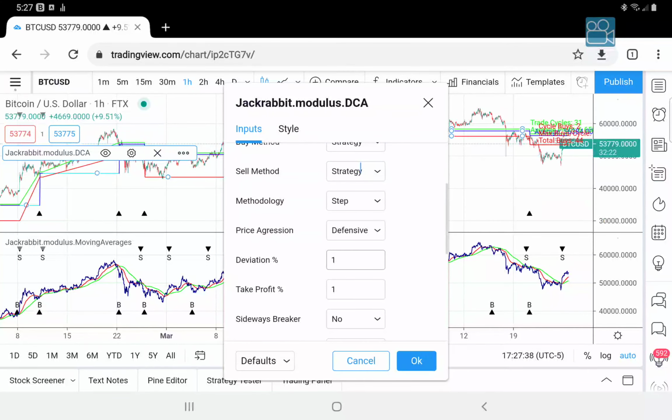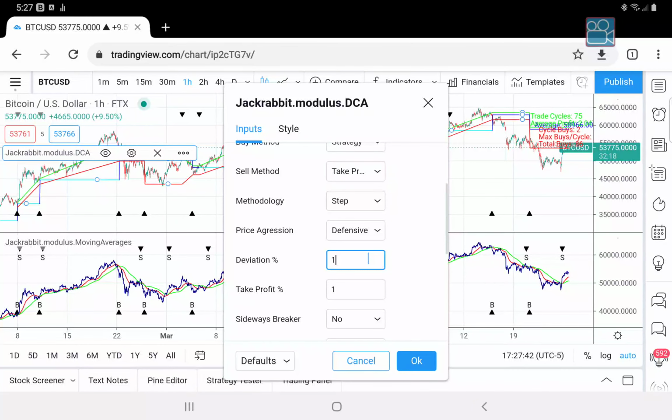Now, it is important that you pay careful attention to exactly what you are trying to achieve. For me, a simple and modest 2% take profit and a 2% deviation works well for a budget of $600.